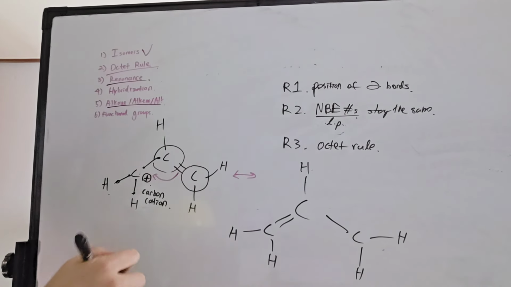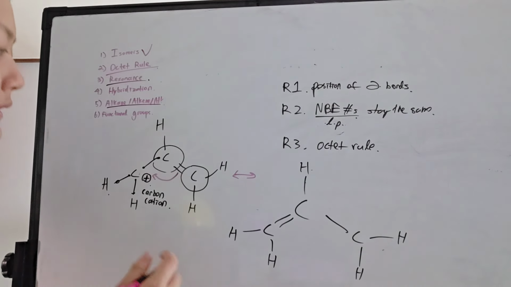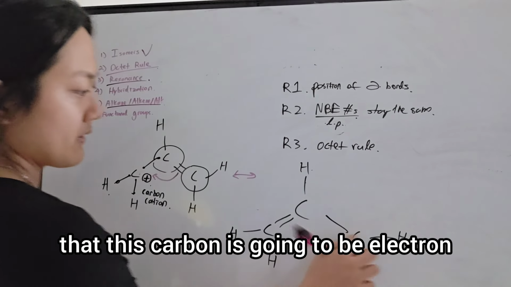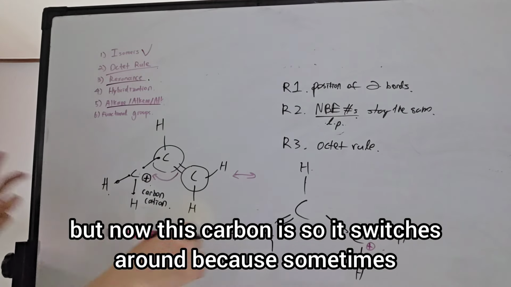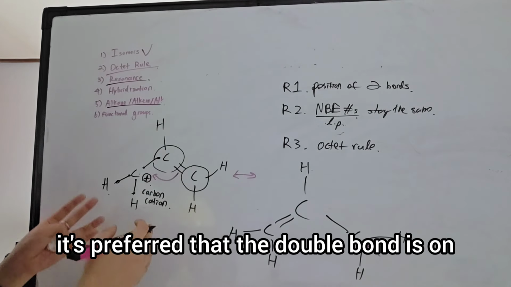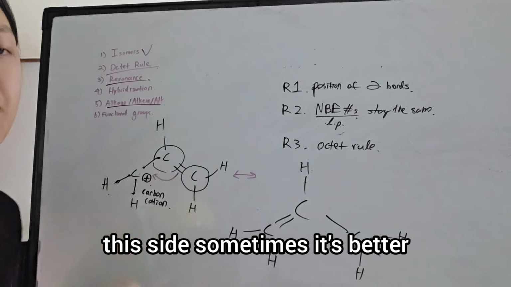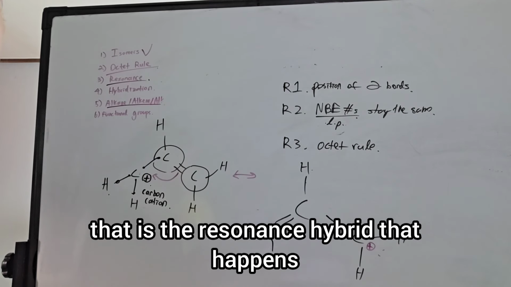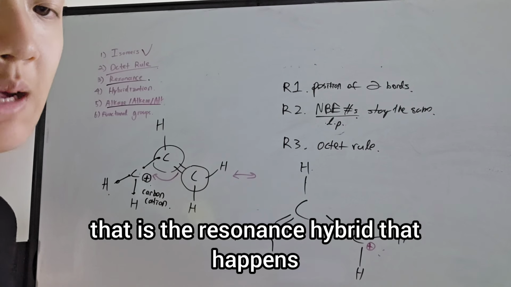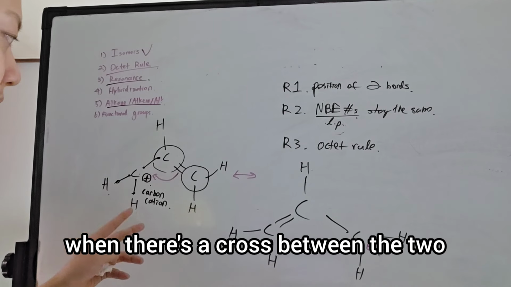And now it means that this carbon is going to be electron deficient. This carbon is not very happy, but now this carbon is. So it switches around because sometimes it's preferred that the double bond is on this side. Sometimes it's better that it's on this side. So that is the resonance hybrid that happens when there's a cross between the two.